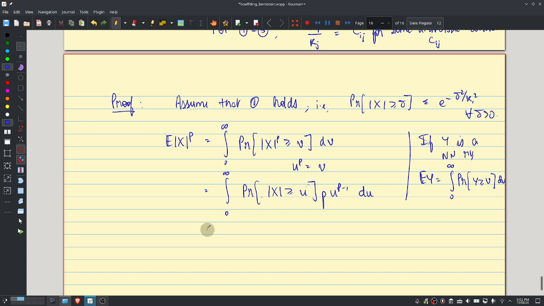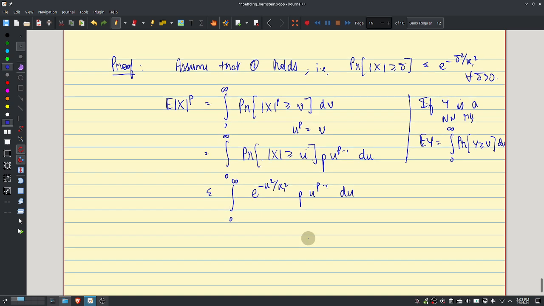This is less than or equal to the integral from 0 to infinity of e to the minus u square by k1 square, p u raised to p minus 1, du, right? What next?